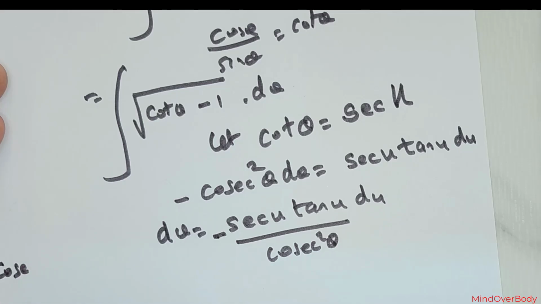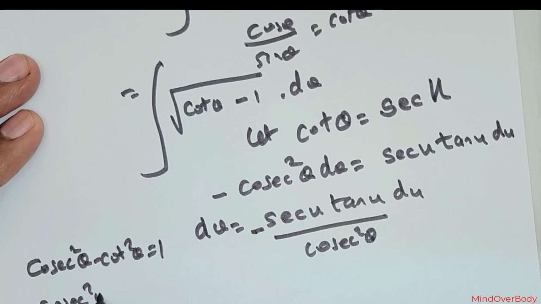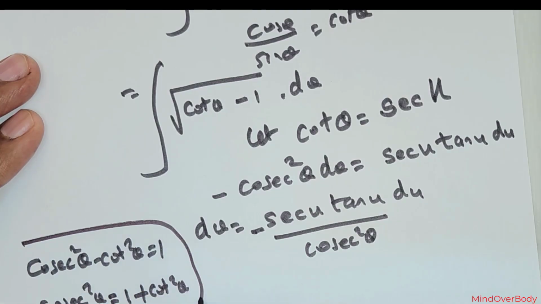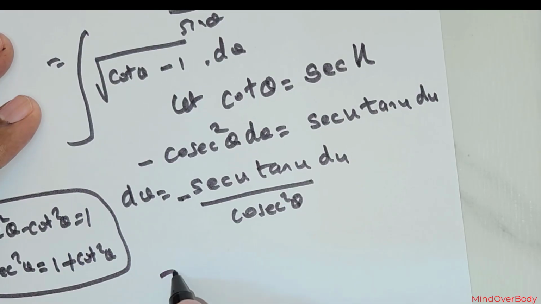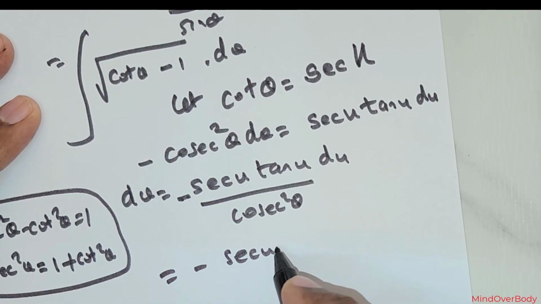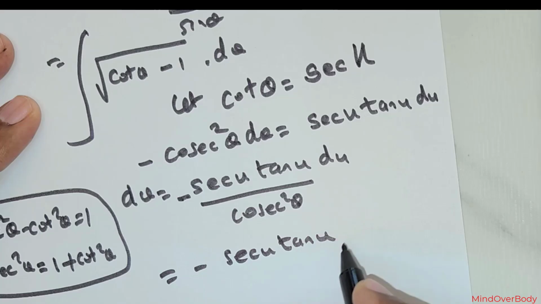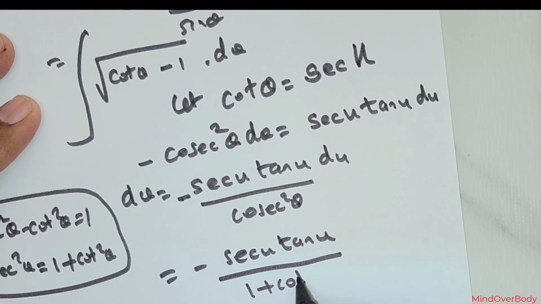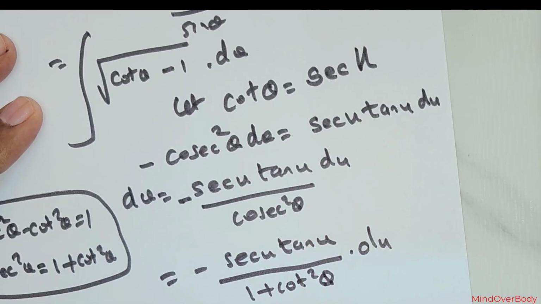Cosecant squared theta minus cot squared theta is equal to 1. From here we can rewrite this as cosecant squared theta is equal to 1 plus cot squared theta. So this is equal to negative secant u times tan u divided by 1 plus cot squared theta times du.